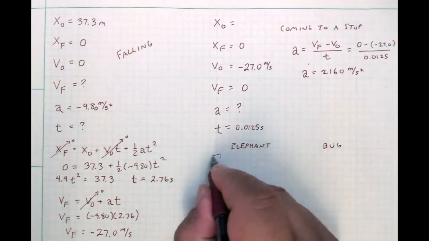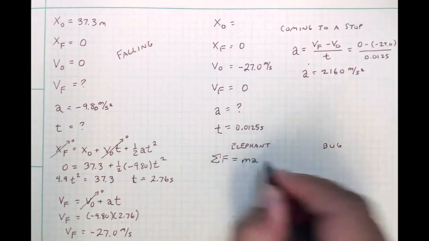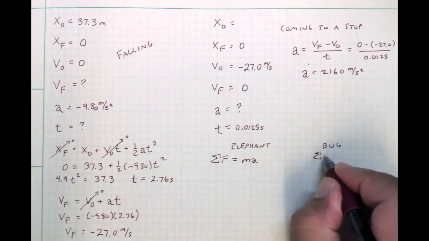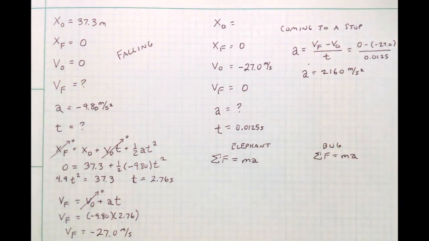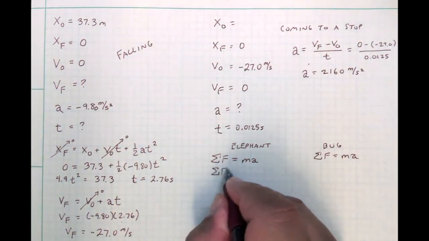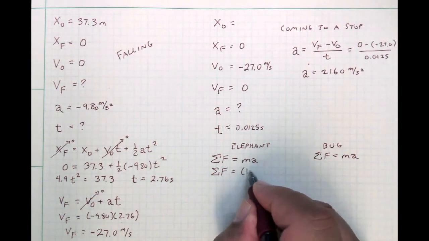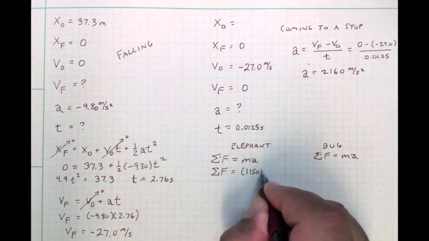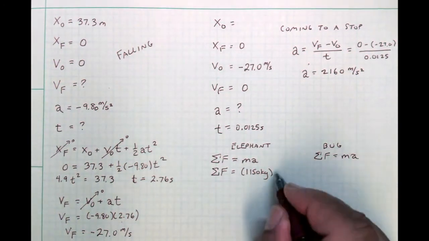We calculate that net force using Newton's second law. Net force equals mass times acceleration. In this case, we know that the mass of the elephant is 1,150 kilograms. That didn't matter earlier in the problem, but now that we're worrying about net force, it matters now.